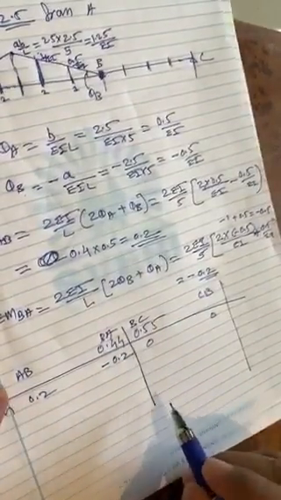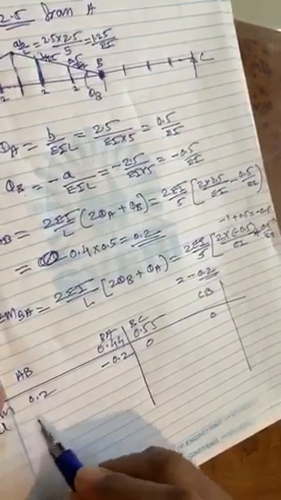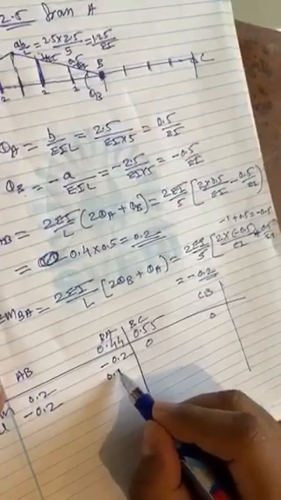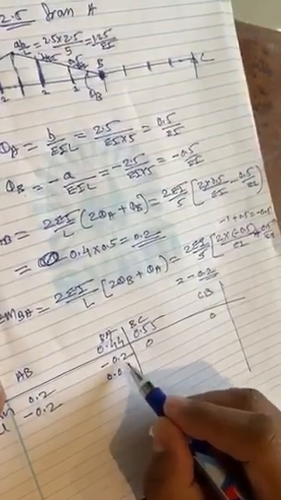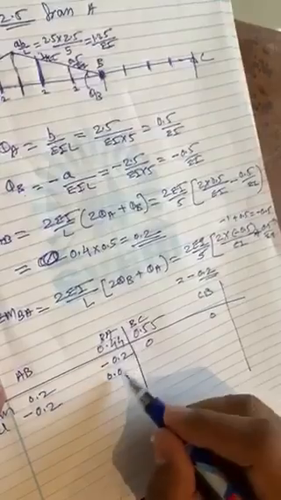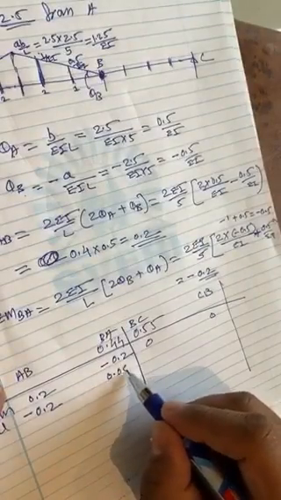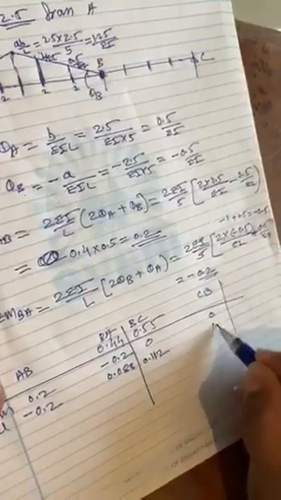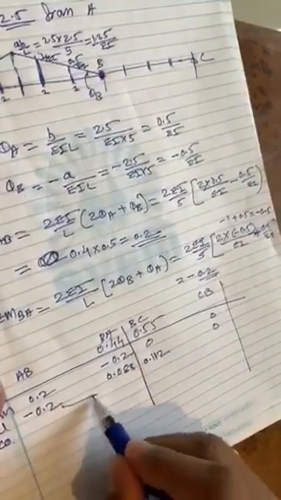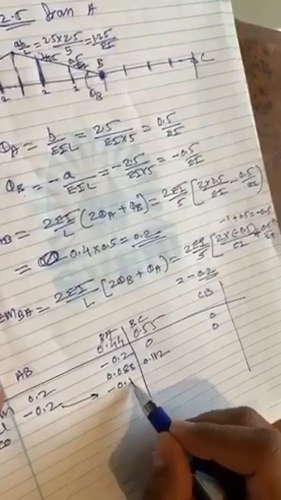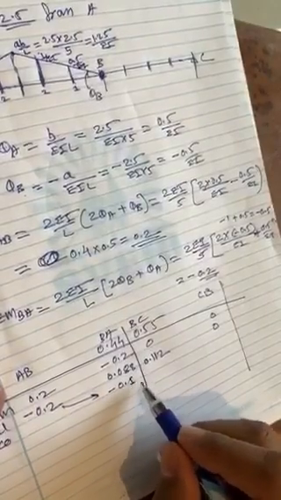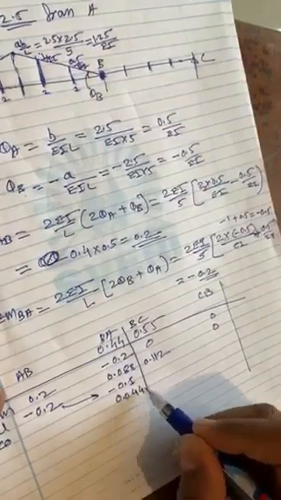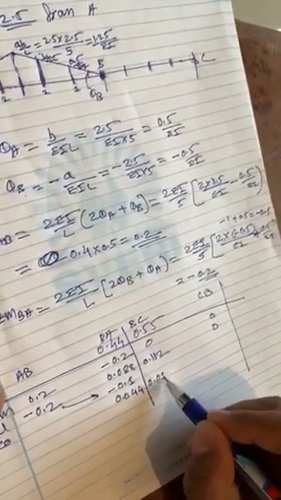If you start balancing, minus 0.2 will be balanced by plus 0.2, multiplied by the distribution factors, it will come as 0.088 and 0.112 and 0, and then you do carry over. If you do carry over, it will come as minus 0.1.